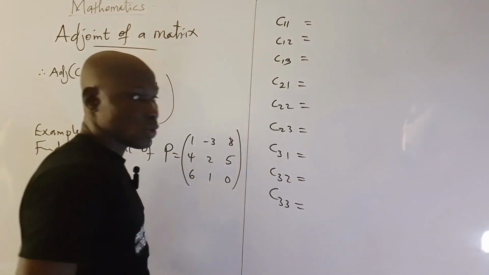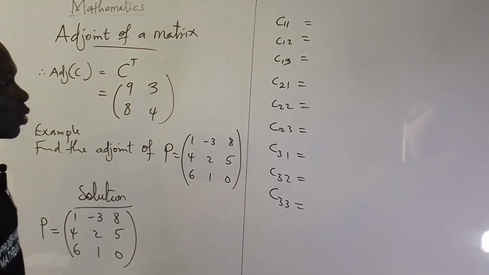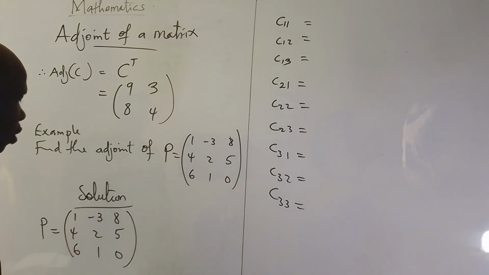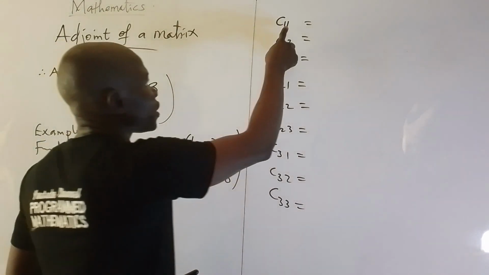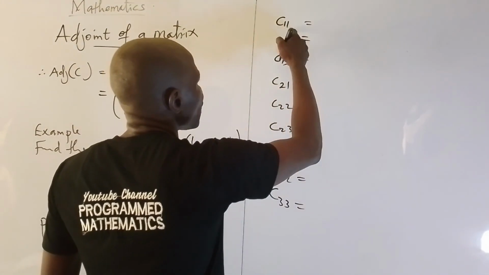So you can pause the video also and try your hands on this to get the cofactors. For the first one here, C11, the sign is going to be positive.